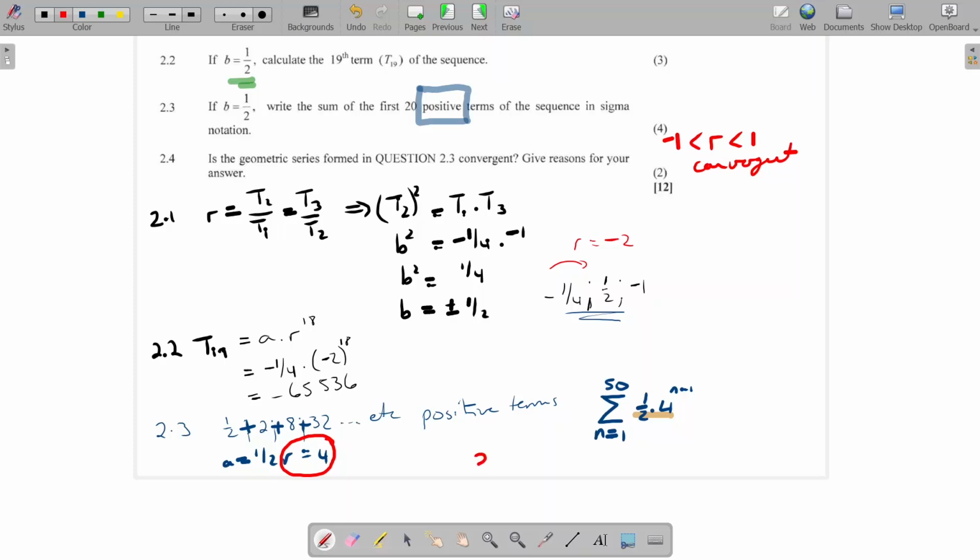So for 2.4, our answer would be no, it is divergent, because r is greater than 1. Again, some interesting work here, but not the most challenging at this point.